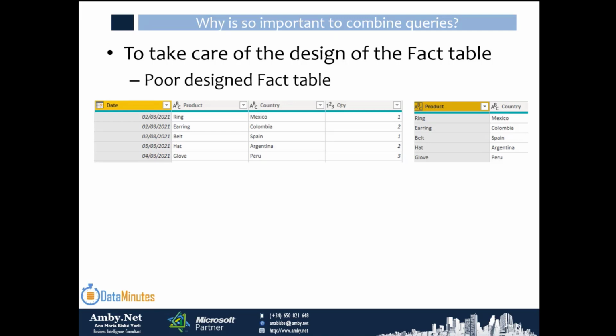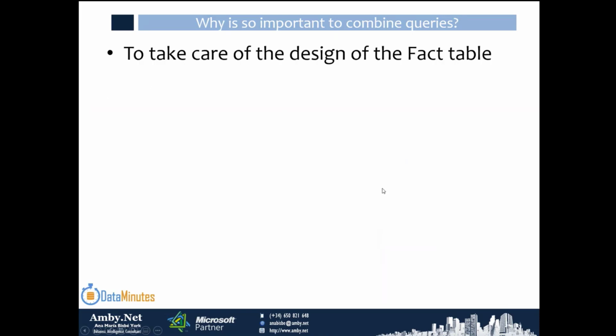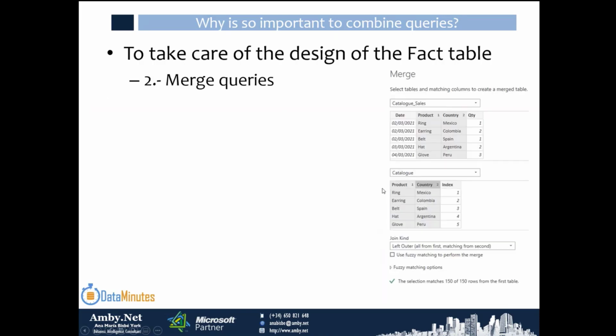So the best way to shape our tabular model and take care of the fact table will be to first add an index column to our dimension table. This is a good solution. And then, of course, to merge queries.